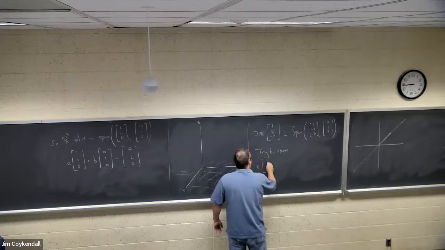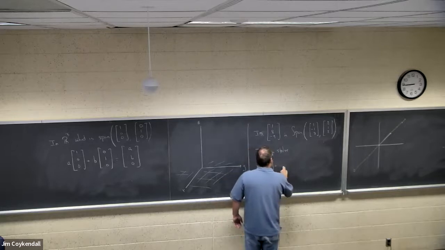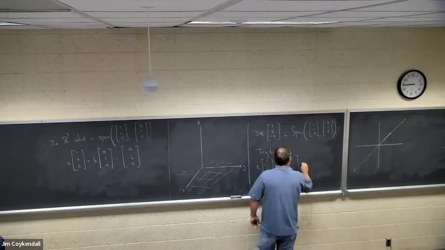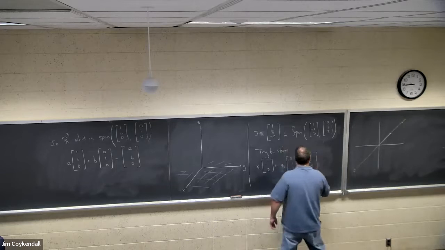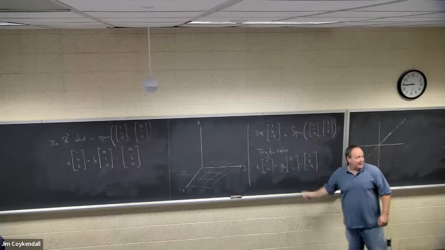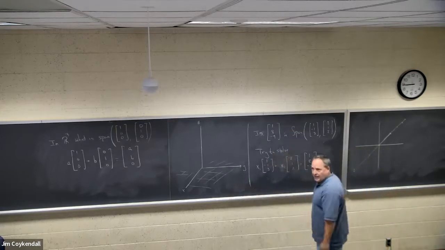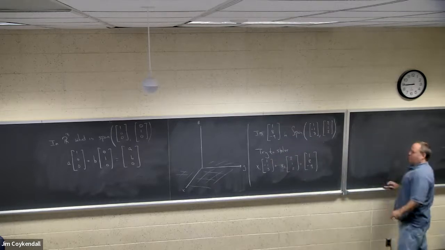x1 times (1, -1, 3) plus x2 times (2, 1, 2). If I can solve this, that means that this is in the span of those two. If I can find an x1 and x2, there are solutions there. Everybody okay with that? So let's try it.